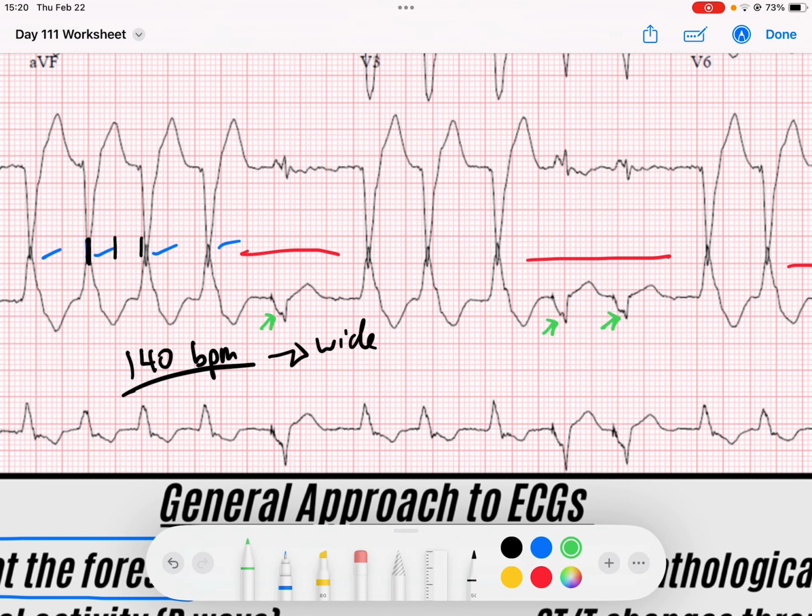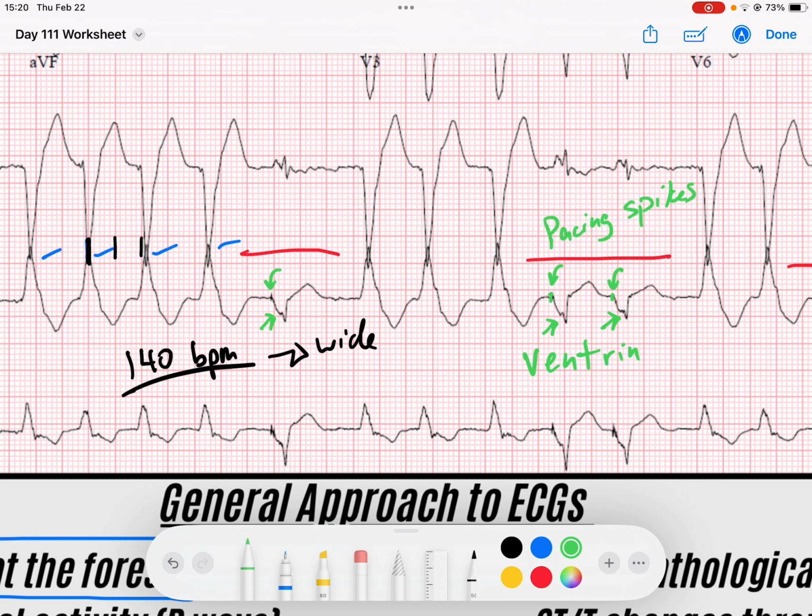If you look really close, you notice before the beat, you've got these little spikes, these little sharp deflections. What are those? Those are pacing spikes. And if you see a pacing spike before a wide complex QRS, you know that is pacing of the ventricle.